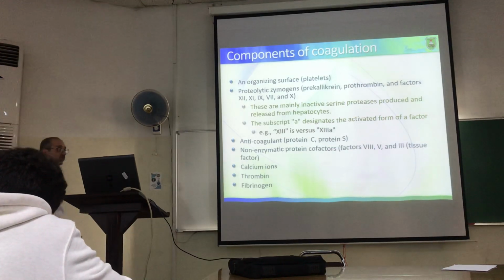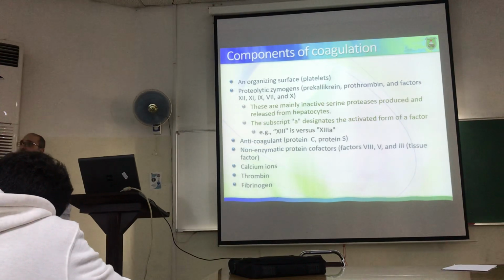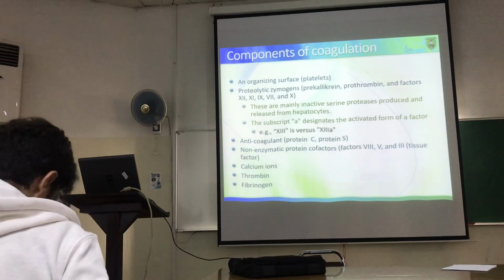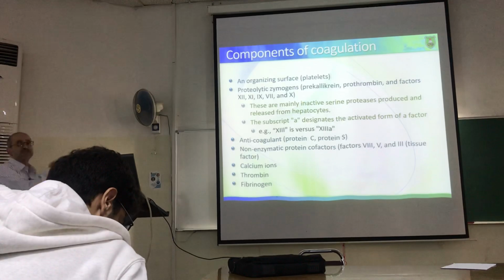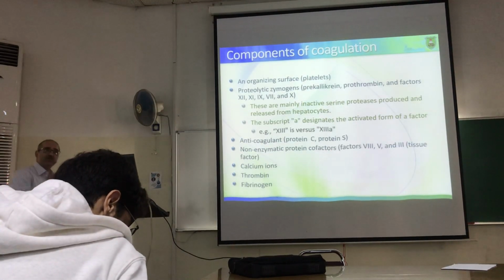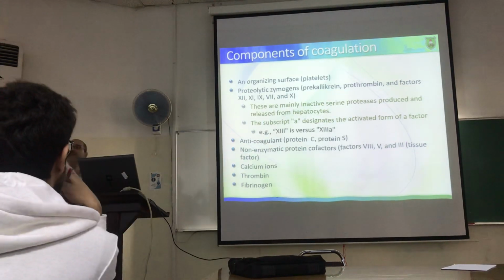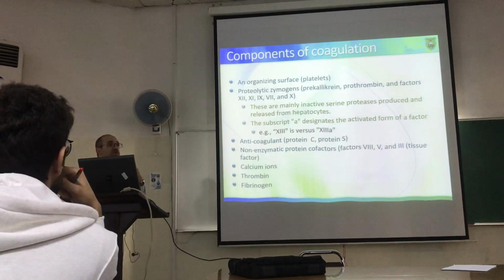So we have different molecules that are involved in blood coagulation, and different players as well. We have the organizing surface, that is the platelets themselves. Okay, so everything happens on the surface of platelets. We have different molecules. We have zymogens. Remember zymogens?